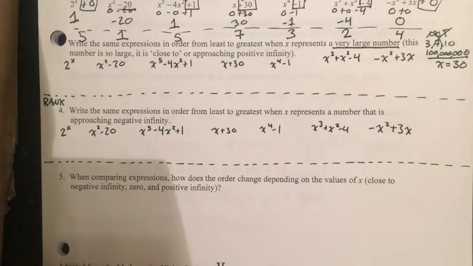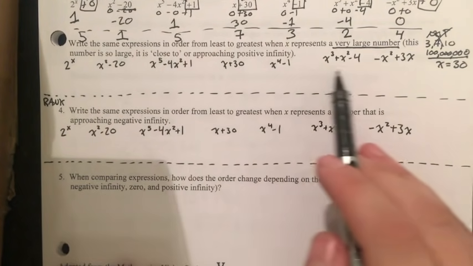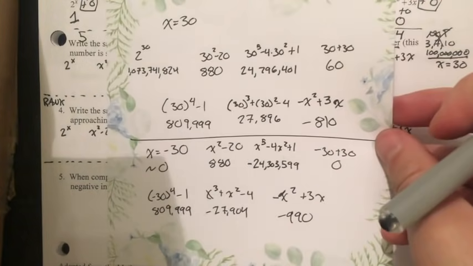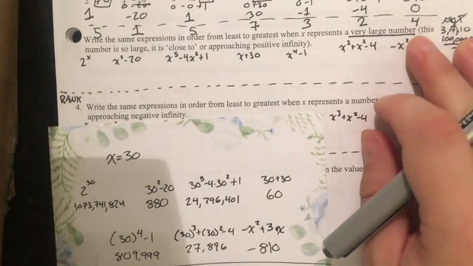So what I'm going to do is go through all of these functions and plug in 30 for x. And since I'm a cheat, I already plugged all of them in. So I'm simply going to write this list down.